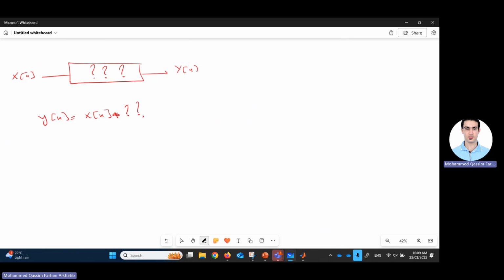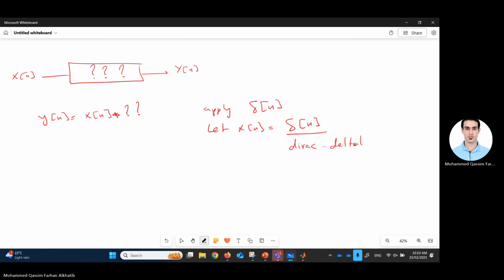So to determine this behavior, apply delta of n, or let x of n equal delta of n. Delta of n is the impulse signal. So that's the Dirac delta, or the impulse signal.